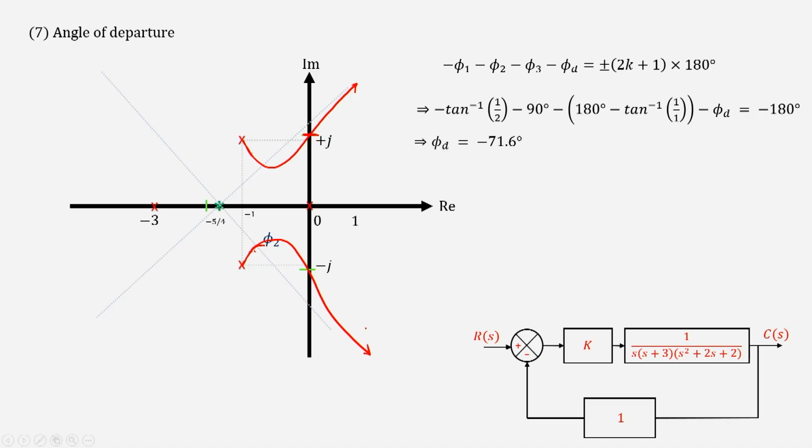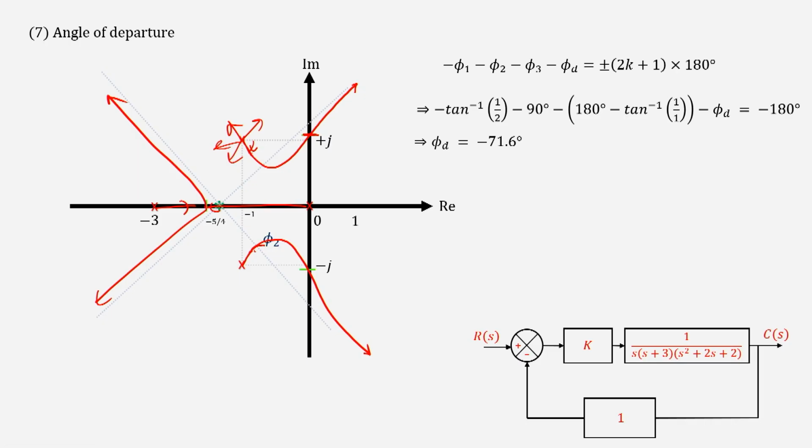So, this will go to 0, and what about these two? These two will come like this, and then these will go to 0 like this. This is how the angle of departure helps you understand in which direction the root locus is coming out of this open loop pole.